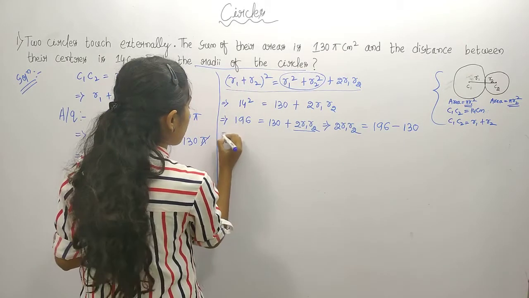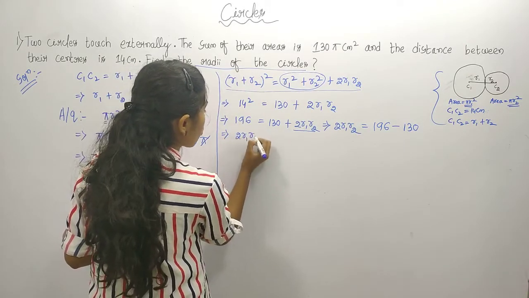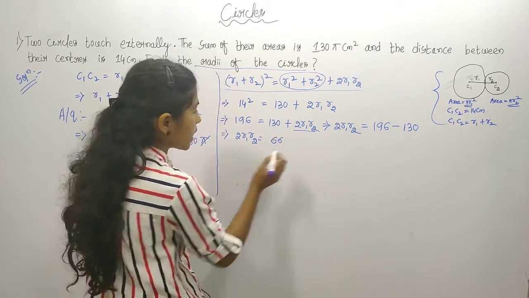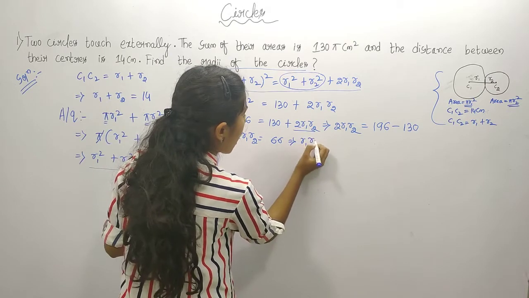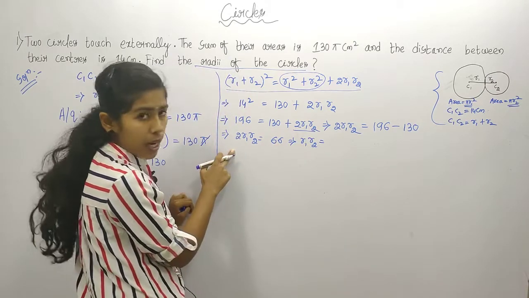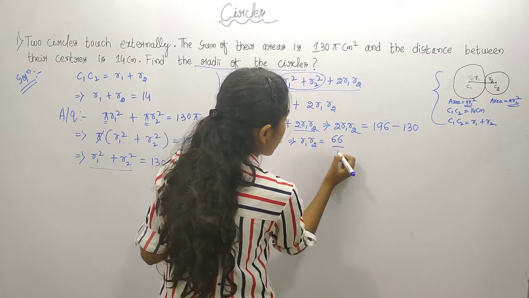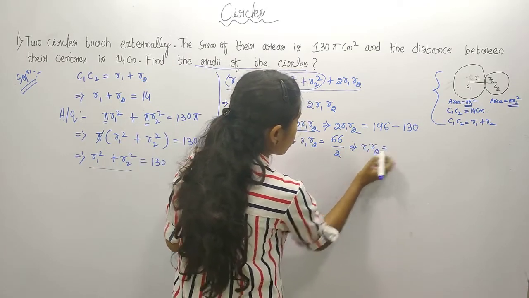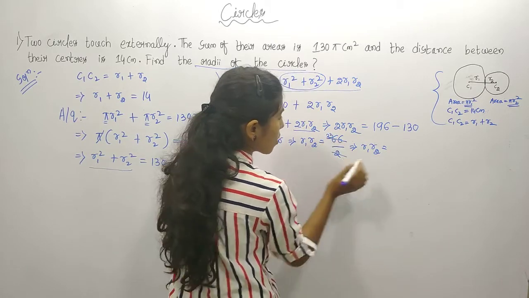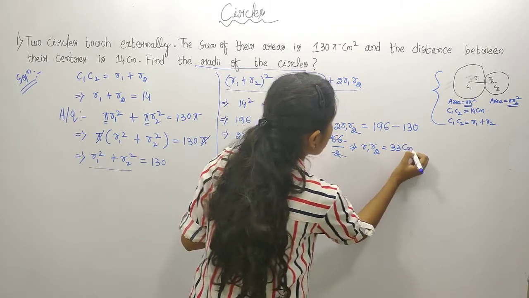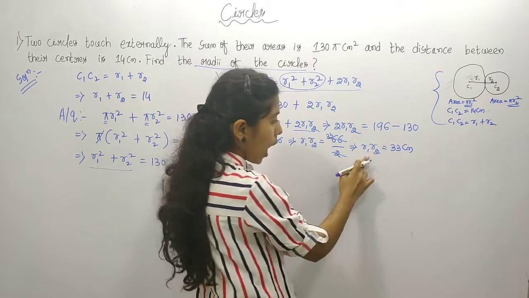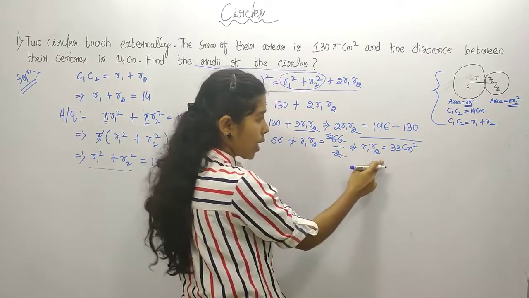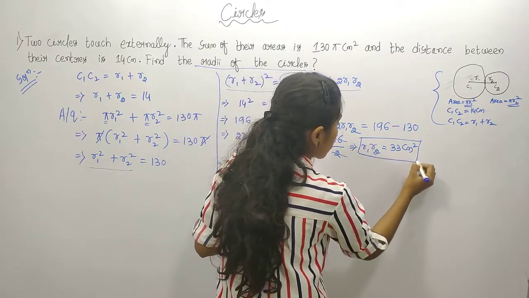So 2 r1 r2 equals 66, so r1 r2 equals 66 divided by 2, which is 33. It's given in centimeters, so r1 r2 is 33 cm.